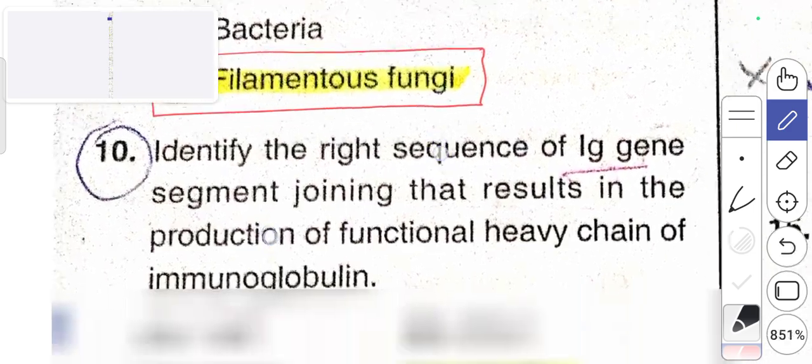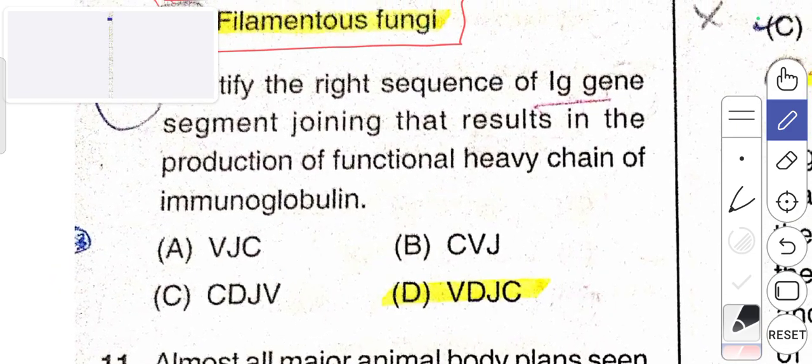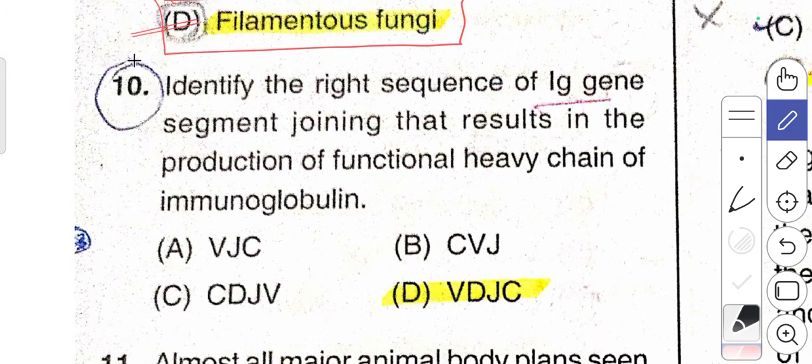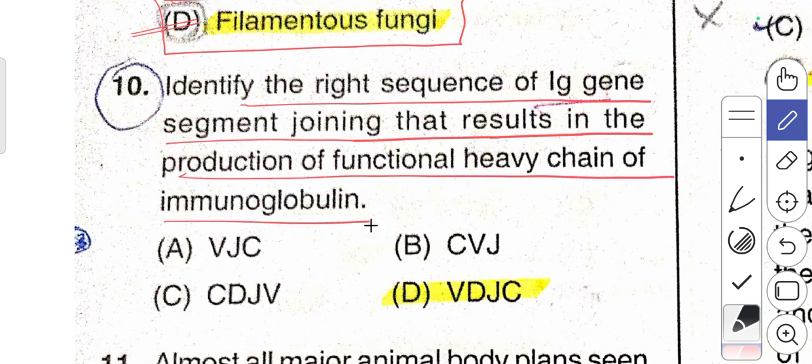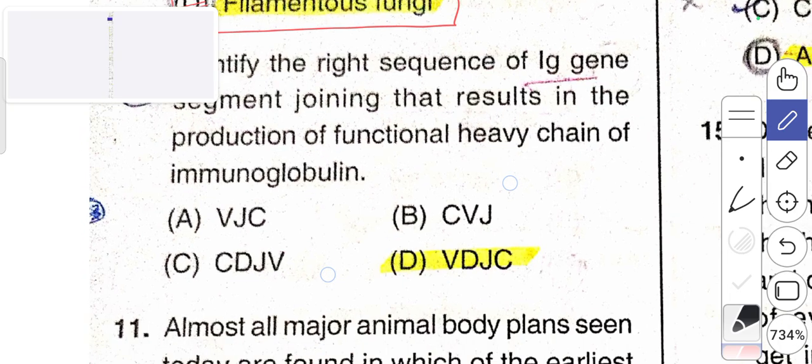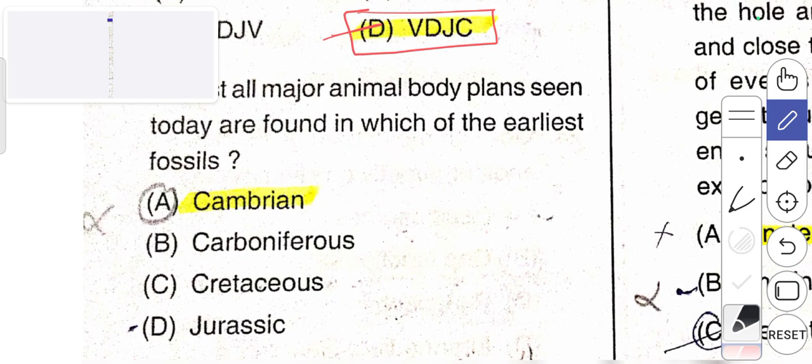The next question. Identify the right sequence of Ig gene segment joining that results in the production of functional heavy chain of immunoglobulin. So D is the right answer. Next question.